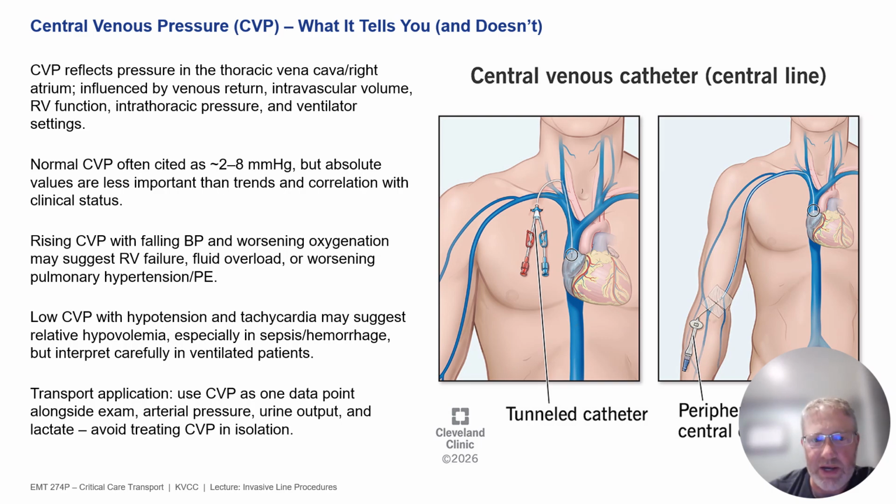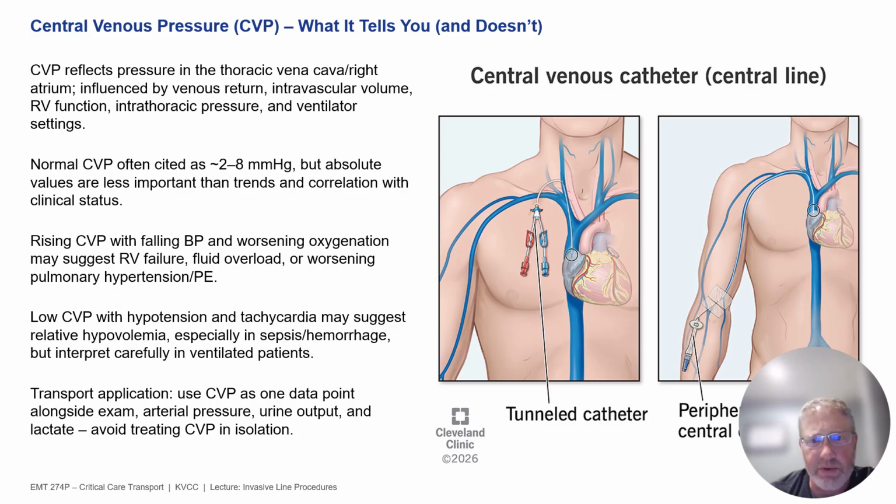If your patient has a rising CVP, a falling blood pressure, and worsening oxygenation, then you should think right ventricular failure, cardiac tamponade, or even a massive pulmonary embolism. If the CVP is very low with hypotension and tachycardia, think volume.